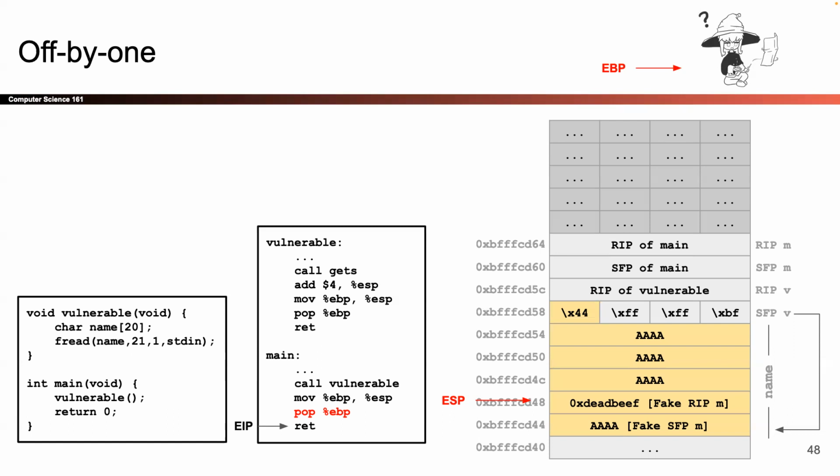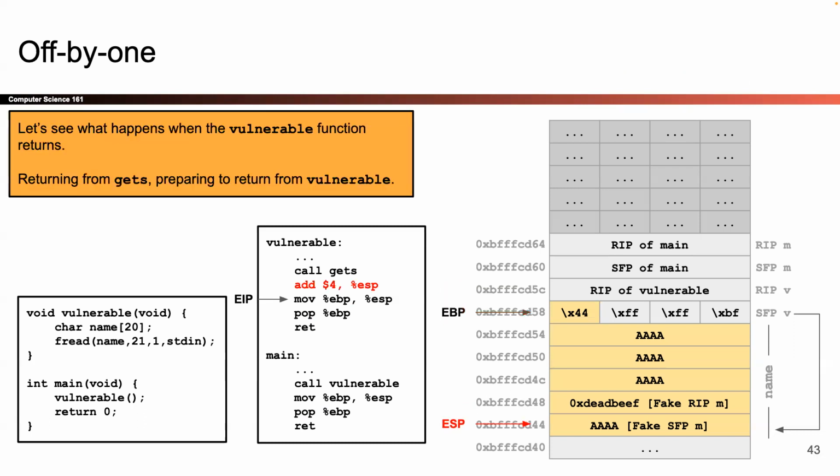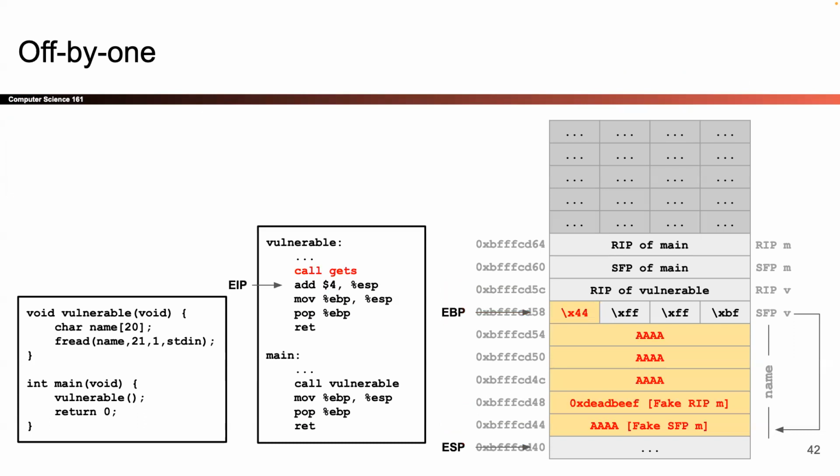There was a question about why it doesn't go to deadbeef on the first return. There's a lot of ways to answer that, to be honest with you, and the more you walk through this, the more you'll see different ways to answer it. But to me, the most obvious answer is that on the first return, the function vulnerable knows where to go back to by looking at the RIP.